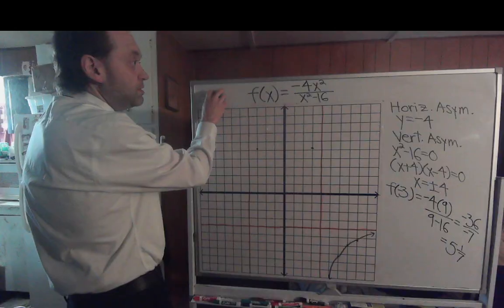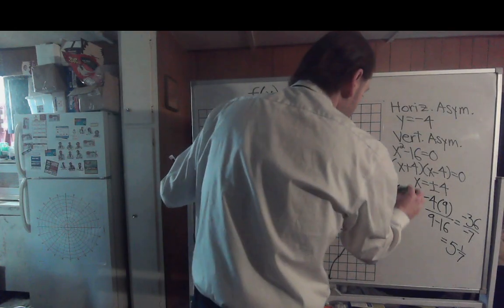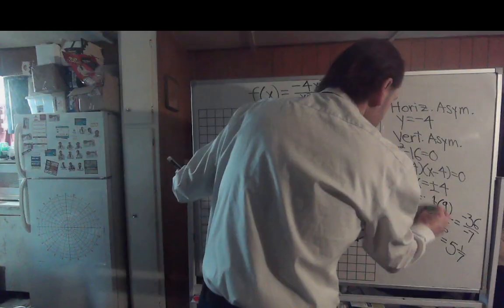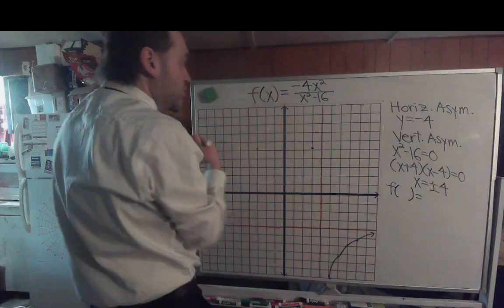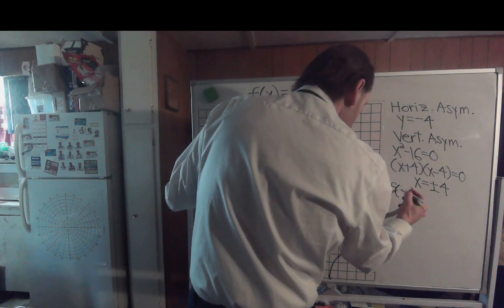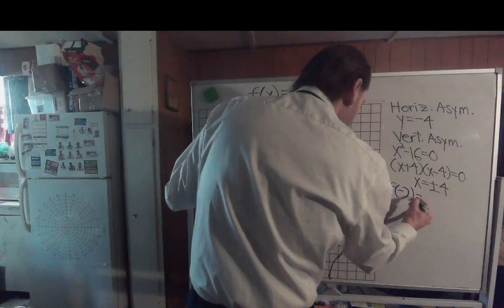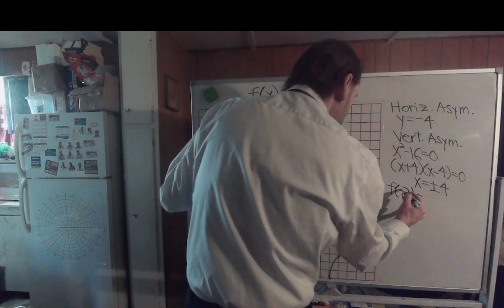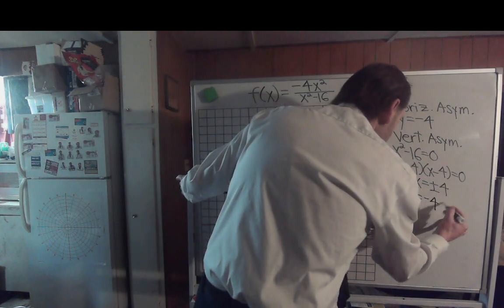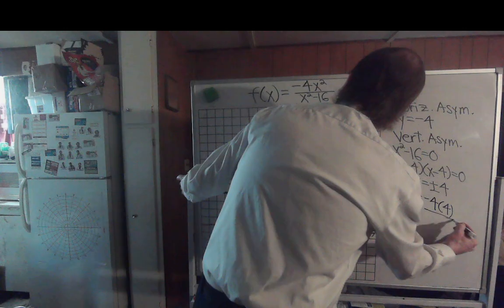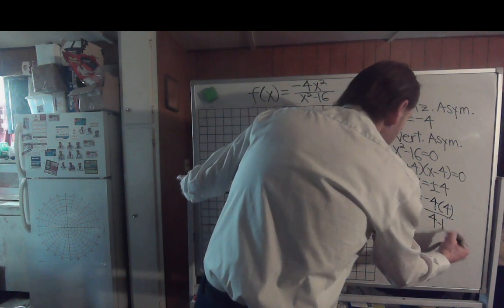And then, why don't we do plus and minus 2? We'll fill in some gaps here. All right, so when x is both plus and minus 2, you would end up getting negative 4 times 4 over 4 minus 16.